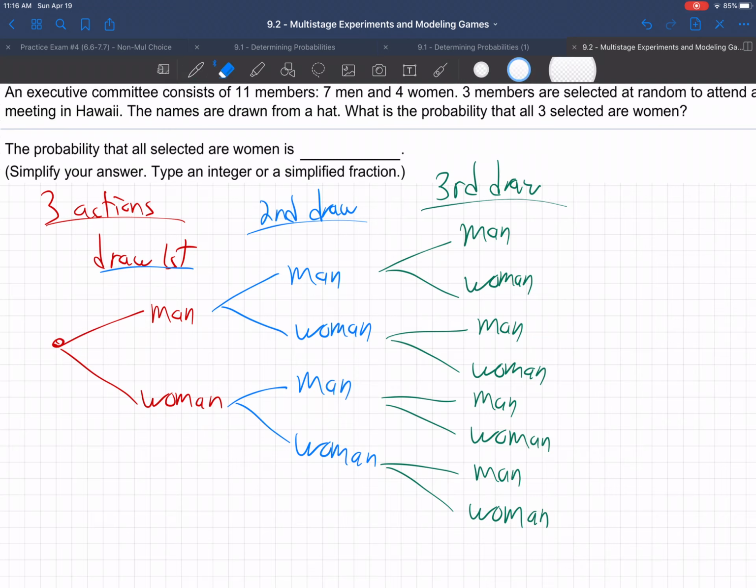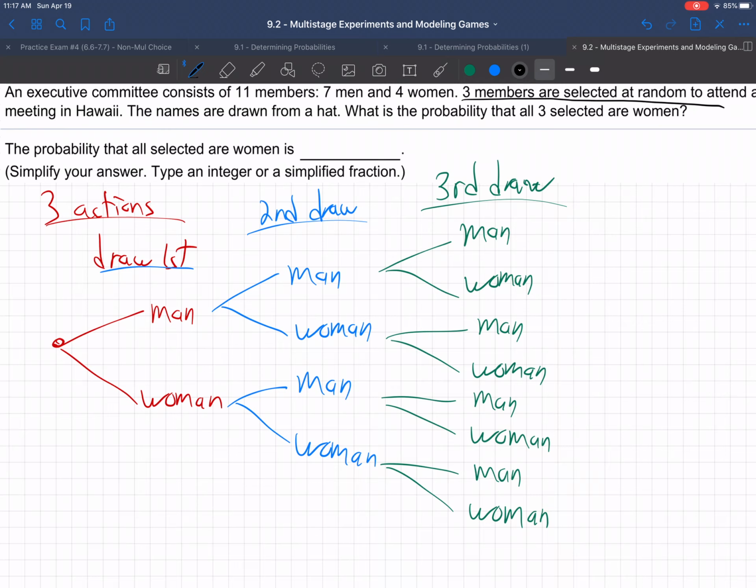So there's the 3 draws from the hat. So we're pulling out of the hat 3 times, right? 3 members are selected at random. So you pull out one name, you pull out a second name, you pull out a third name.